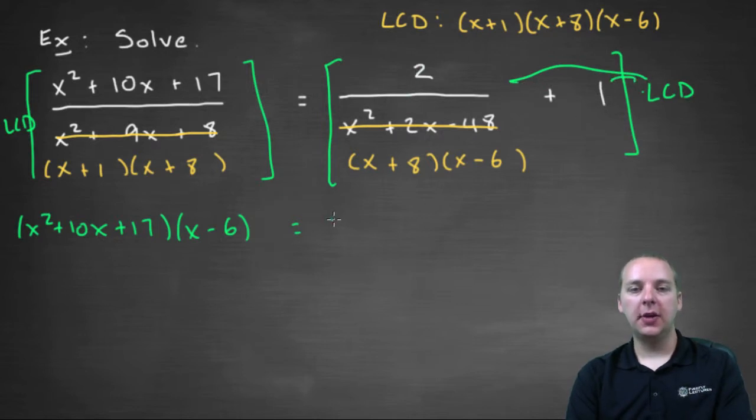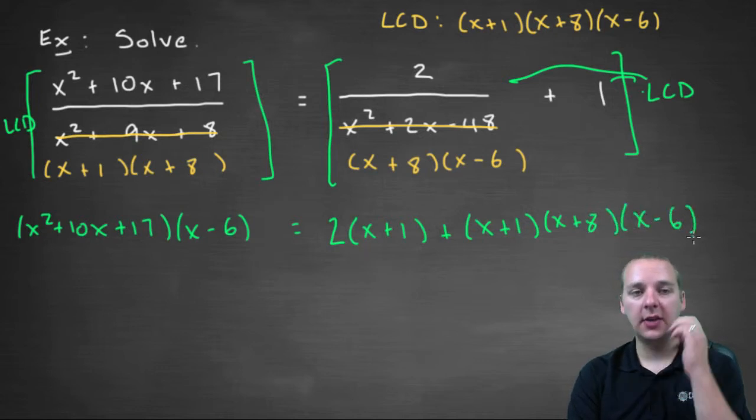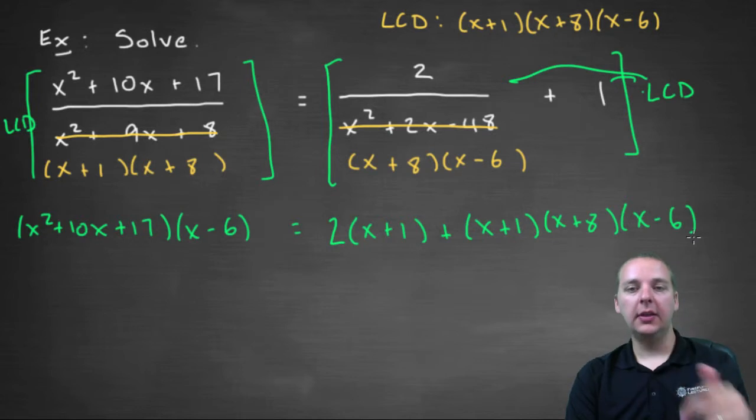The first term, you'd have a 2 and an x plus 1, because the x plus 8 and the x minus 6 would cancel. And then all three of those factors times 1, you'd actually have all three factors. You'd have an x plus 1, you'd have an x plus 8, and an x minus 6. You'd have a little bit of everything there.